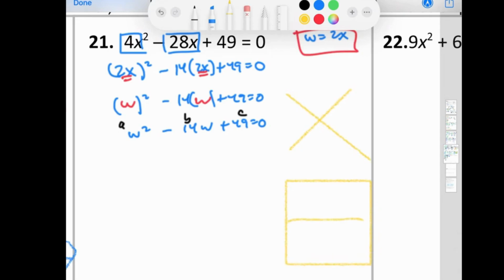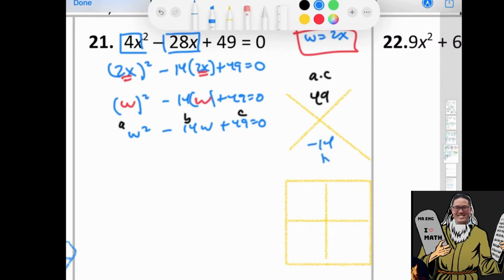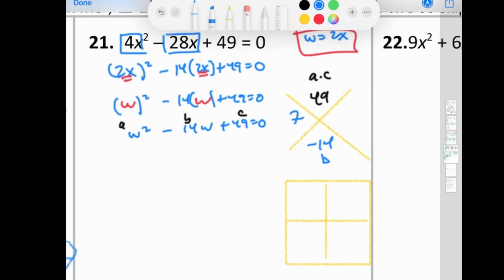Did anyone pick up the trick on this X-box method? Okay, so you have A times C, which is 49. My B value is negative 14. My two numbers have to be identical. Positive 7 and, nope, that's going to be negative 7.